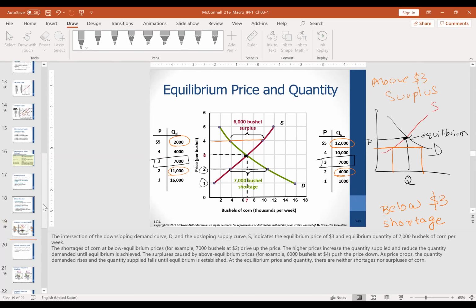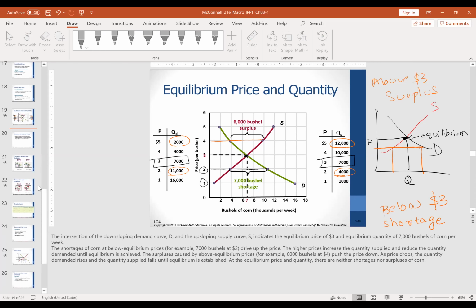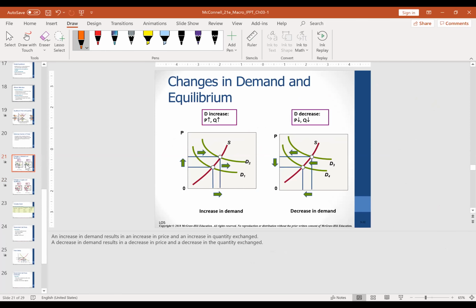I kind of went over these concepts already in the YouTube link, so I'm not going to go over this for a long time. I just want to let you know what happens when either the demand increases or the supply increases. When demand increases, the demand curve shifts to the right, and price and quantity increase at the same time.